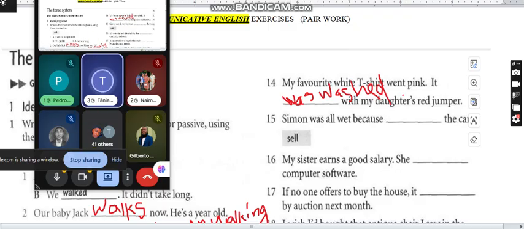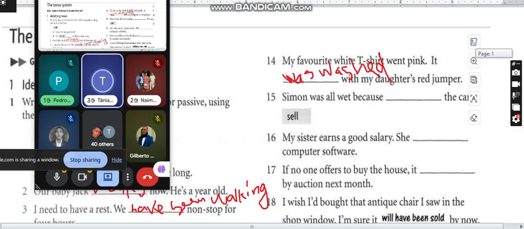The sentence says Simon was all wet because... The correct answer for me is had been washing, and it is in past perfect continuous. I chose this answer because the activity had been continuing before another point in the past. The fact that Simon was wet is the result of that activity.